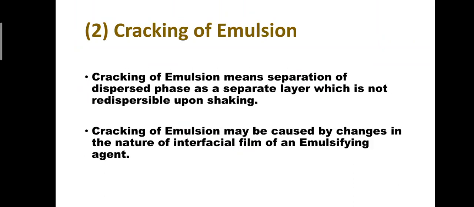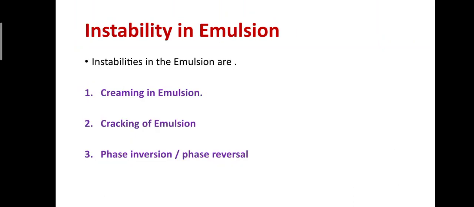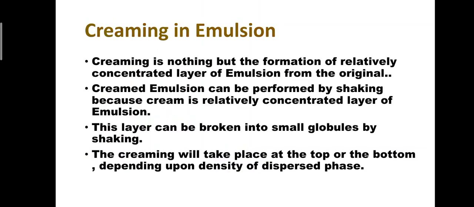There are three instabilities in emulsion: creaming, cracking of emulsion, and phase inversion. In creaming, there is separation of two phases depending upon density, downward or upward. If density is low, then it's upward, and if density is higher, it is downward. Upon shaking, we can redisperse creaming, so it is not a major problem.